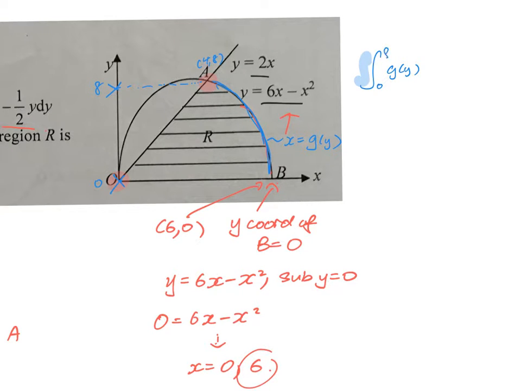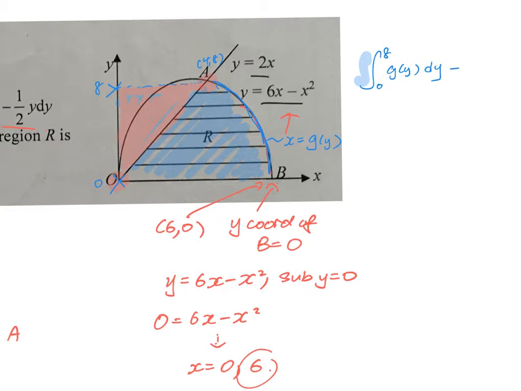So it's from 0 to 8 because we're using the y coordinates, delta y. Then minus, because this integral will actually give us this portion, because we're doing the integral with respect to the y-axis. So in order to find R, what we need to do is take the whole integral and minus off the red colored part.